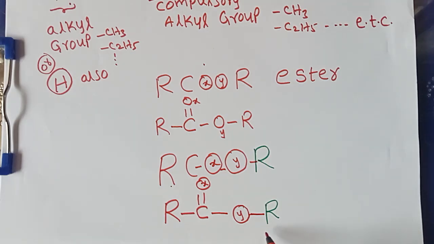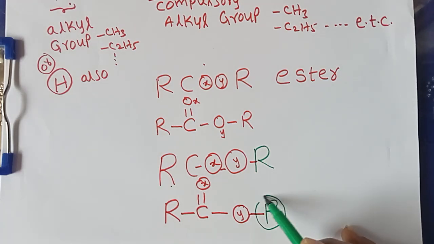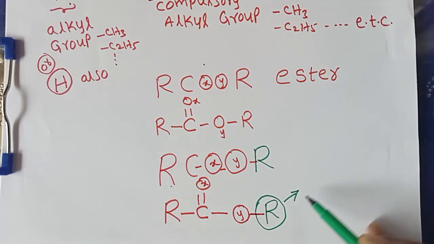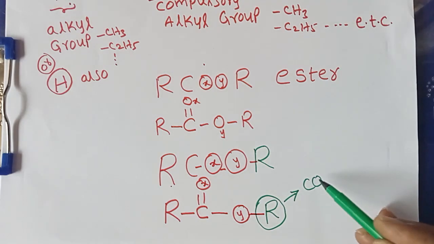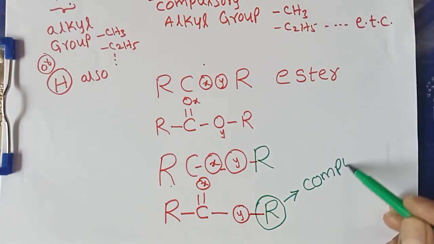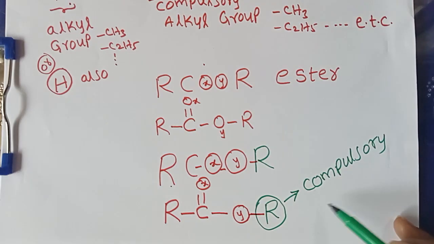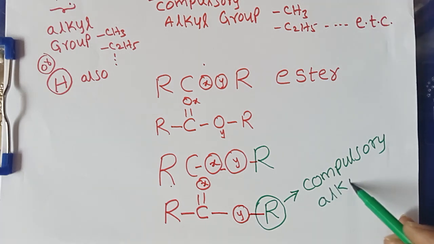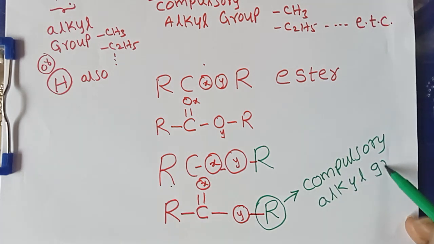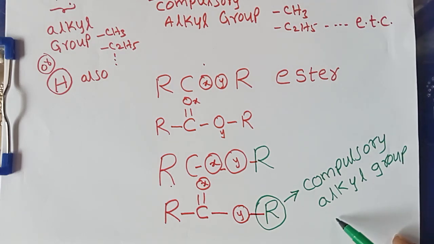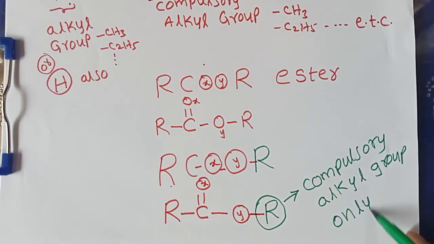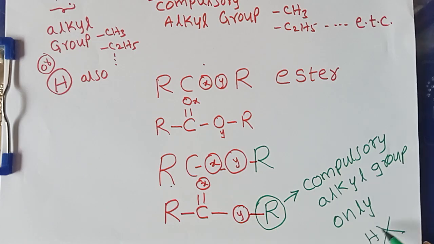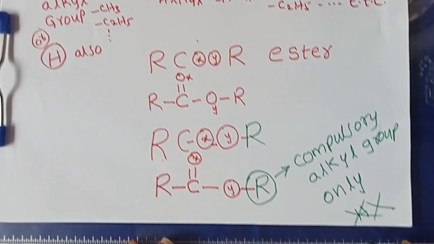Then the green color R is compulsory hydrogen. Sorry, compulsory alkyl, not hydrogen. Alkyl group only. This is fixed. Compulsory alkyl group only, not hydrogen.